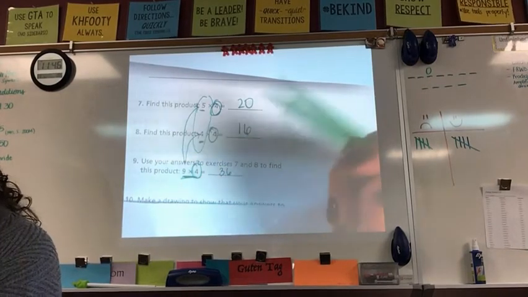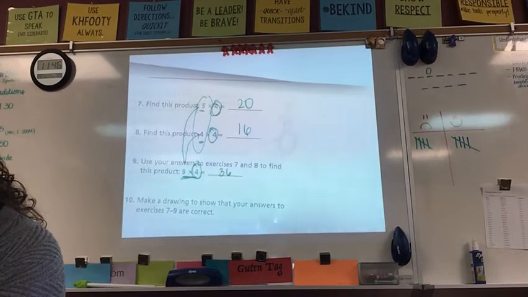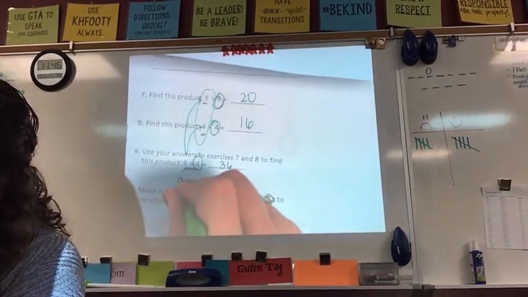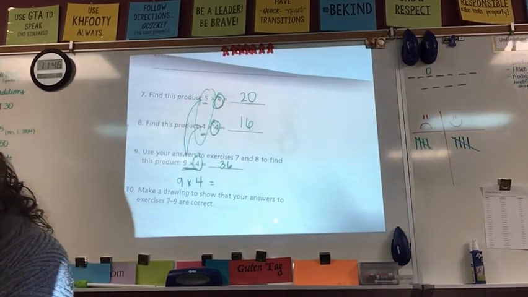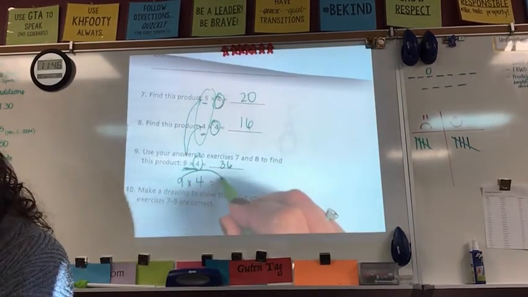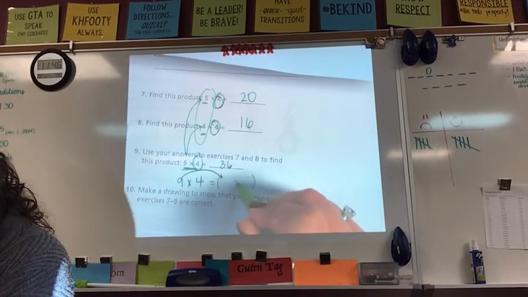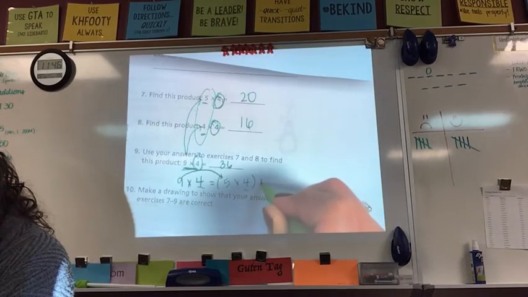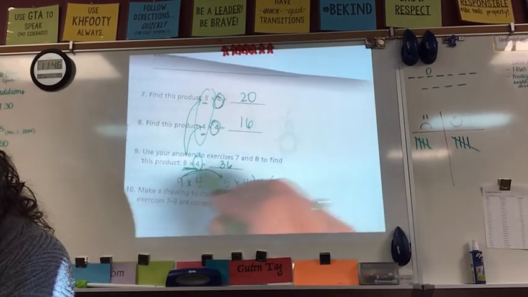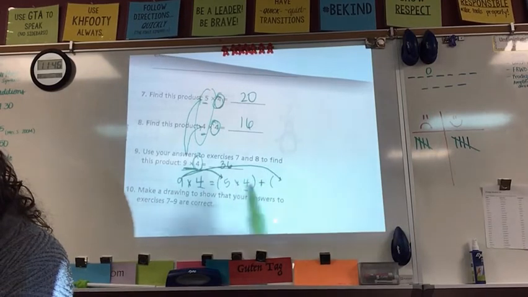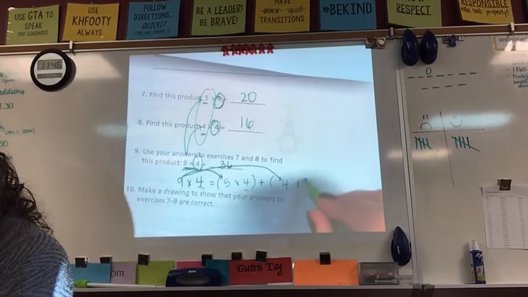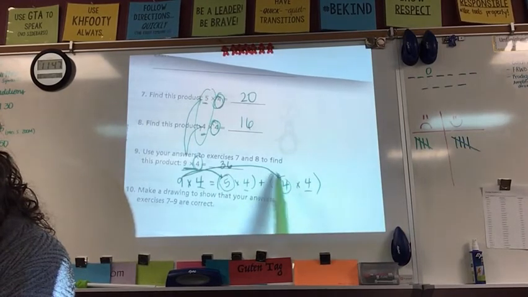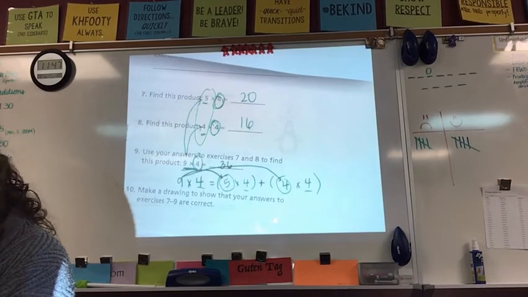And the reason that we can write it out as a distributive equation like this: 9 times 4 is the same thing as splitting this up into a 5 by 4, because the 4 stays the same, plus a 4 by 4, because the 4 stayed the same again. And these 2 numbers added together gave me my 9. That's the reason those work.